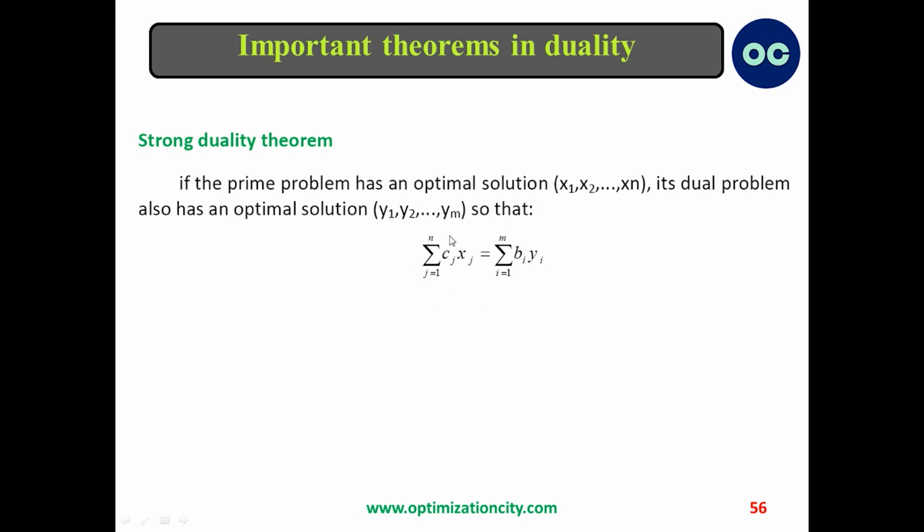In other words, if the prime model has the optimal solution, then the dual problem also has an optimal solution with the same objective function value. This is called the strong duality theory, which is very, very common in the operations research literature.